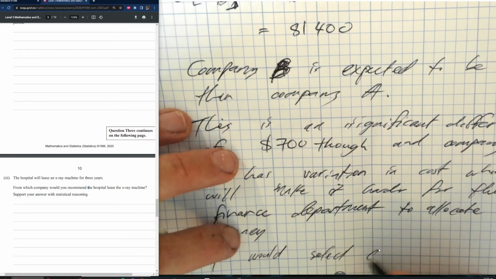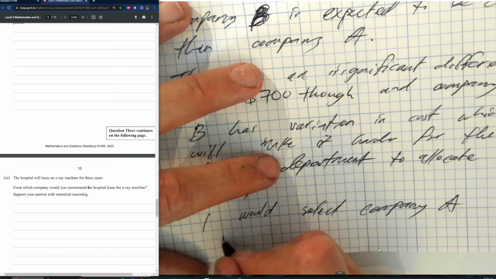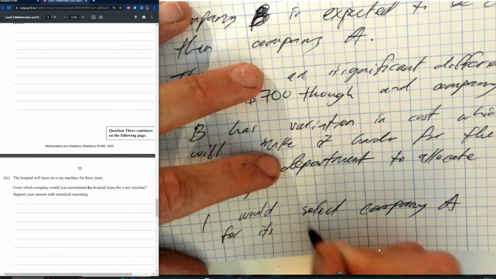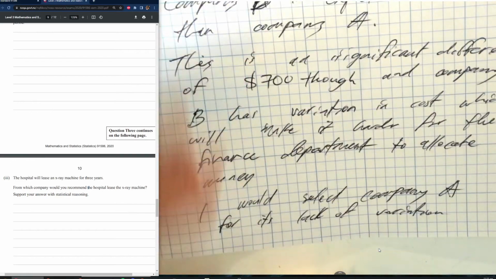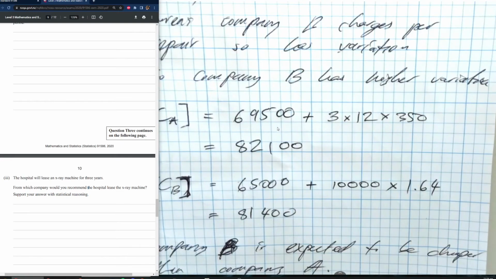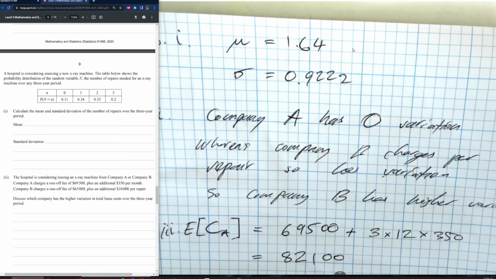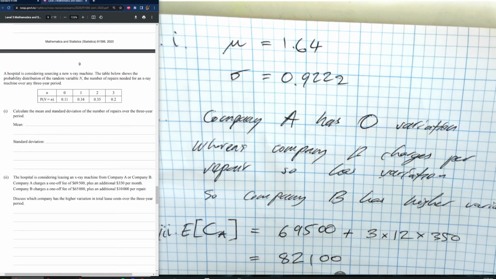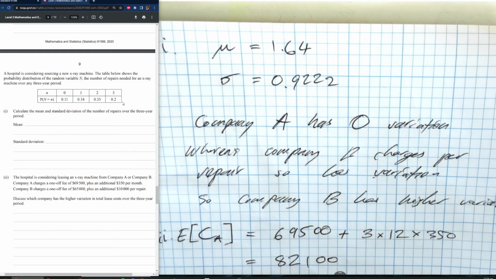Select company A for its lack of variation. An insignificant increase. Yeah, I would do that. You could work out what that variation is going to be because we know the distribution from here, that we have a standard deviation, and we could see that maybe there's 0 repairs, maybe there's up to 3 repairs.